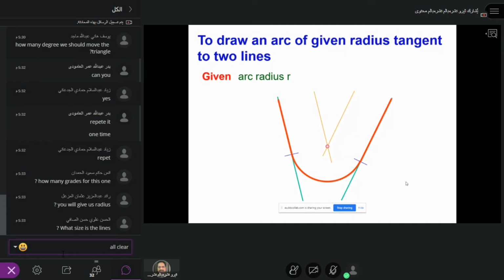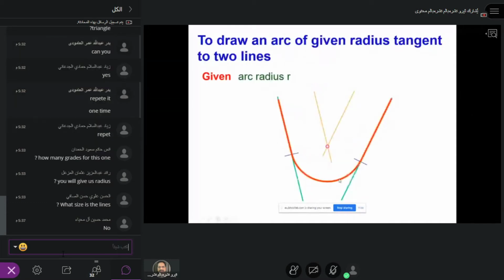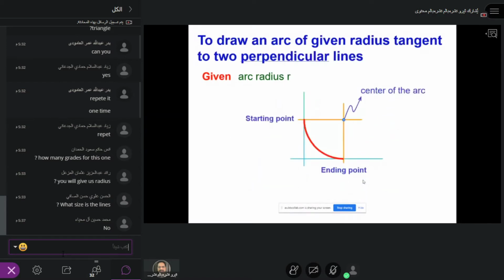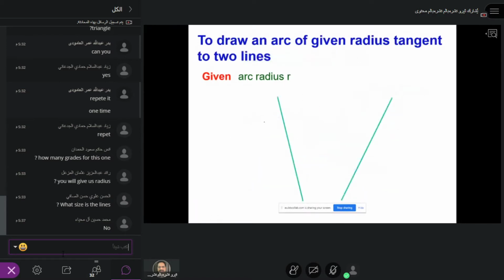No questions. Okay, good. So in the exam, in the exercise, I'll give the angle here. To make your life easier, I will give the lines and then I will give this angle, 45 degrees. So it will be easier for you.